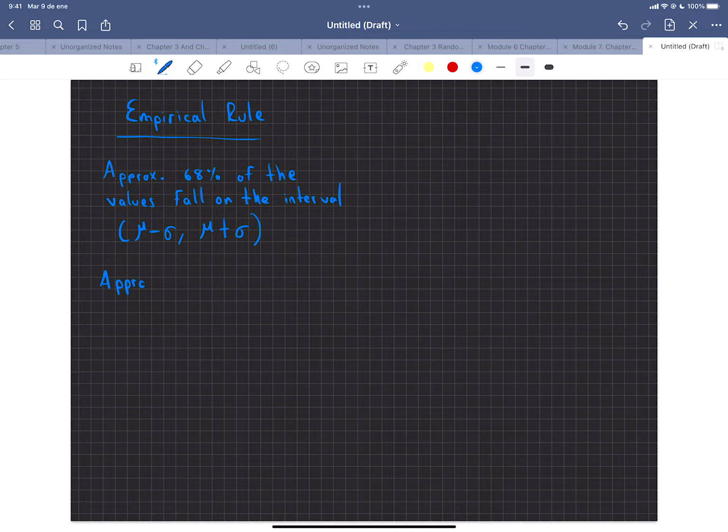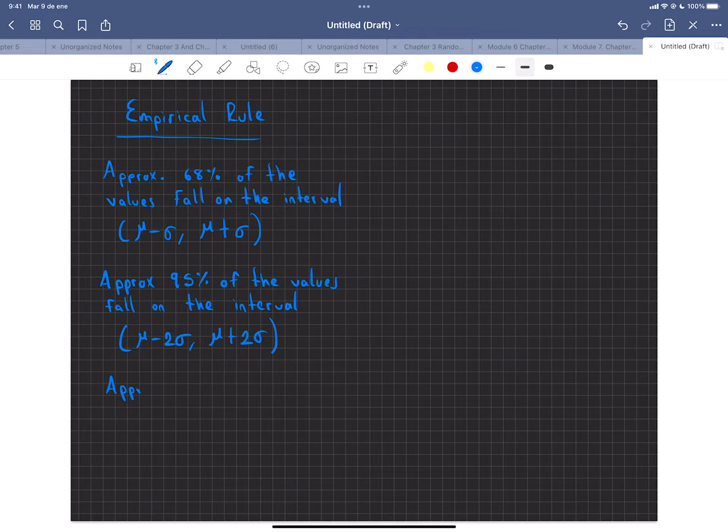Another one, approximately 95% of the values fall on the interval mu minus 2 times sigma, comma, mu plus 2 times sigma. Remember, sigma is the standard deviation and mu the mean.